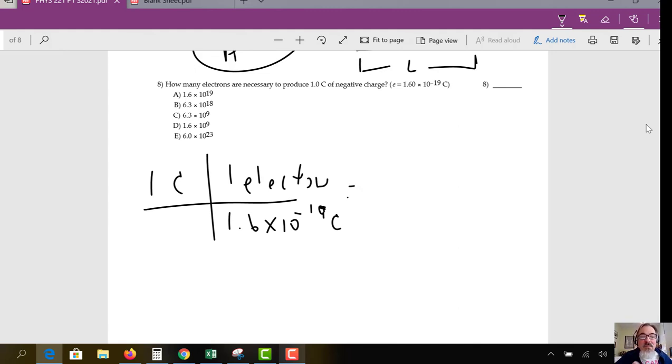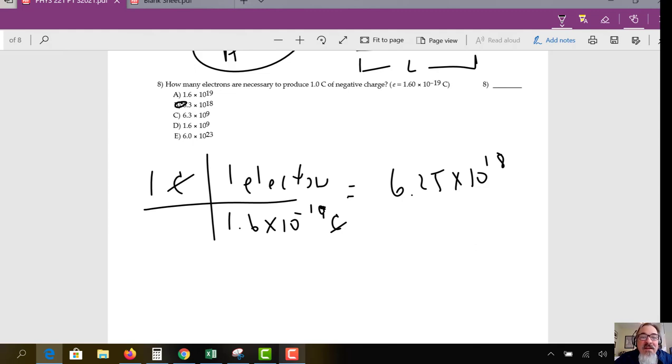Okay, so when I punch this in, the coulombs cancel out. 1 divided by 1.6 EE minus 19th, 6.25 times 10 to the 18th. Okay, so the closest one here looks like this one, 6.3. Okay, good. That was the first chapter.